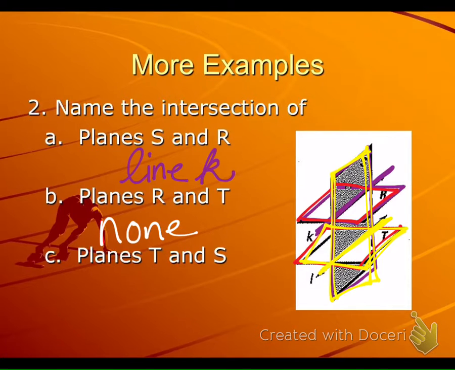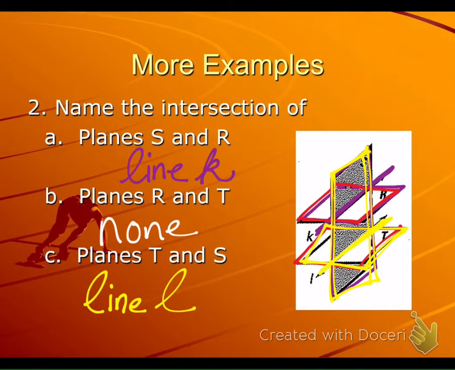Can you see what line they intersect at? I did that one in yellow. Sorry, lots of colors. Line, it's an L. I'm not sure, I think it's an L. Usually a lowercase. All right.